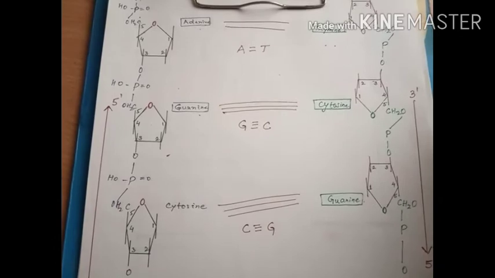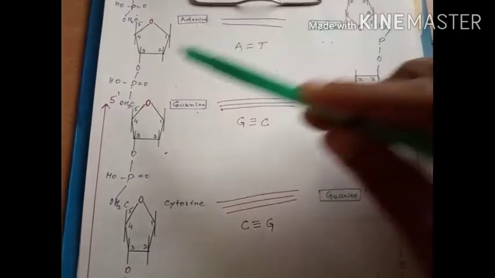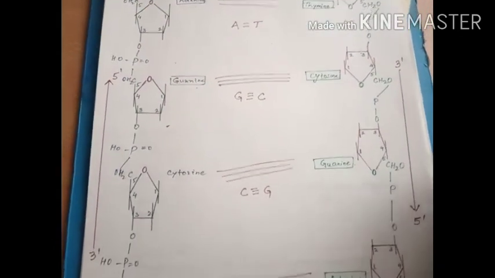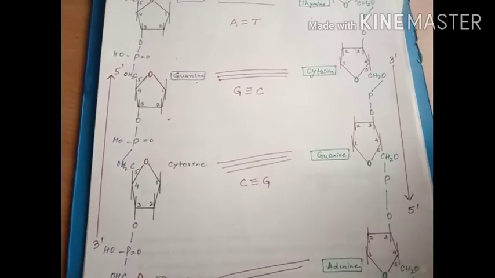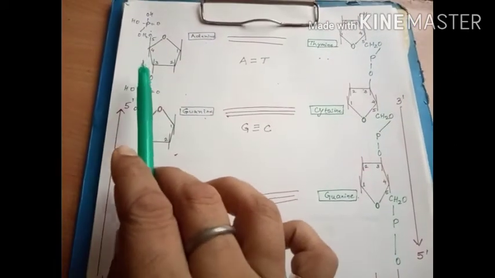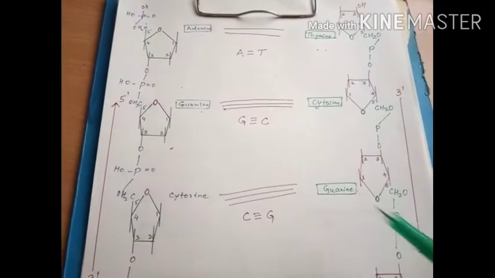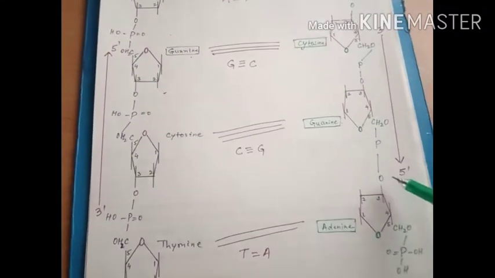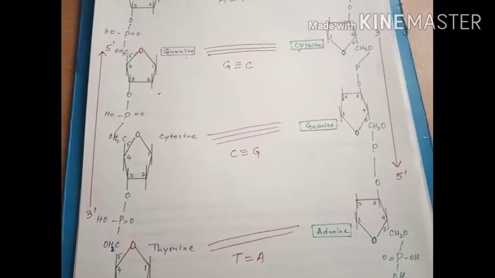So we can also say the free 5' ends of the DNA helix lie at the opposite ends. In this case, the 5' end is at the upper end, whereas in this case, the 5' end is at the lower end of the nucleotide strand.